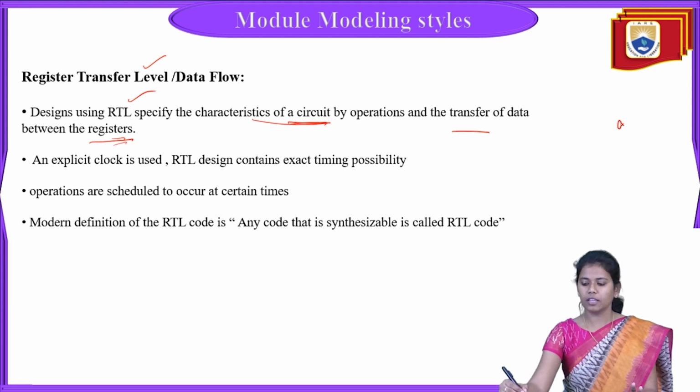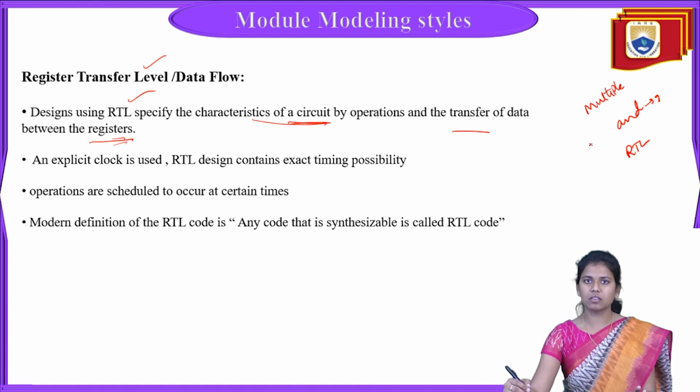For example, in the previous example I considered the AND gate, and the characteristics of this AND gate can be specified using RTL. Now I am considering a multiplexer. What is a multiplexer? It is nothing but many inputs, single output. We have 2 by 1 mux, 4 by 1 mux, 8 by 1 mux, 16 by 1 mux, and so on.